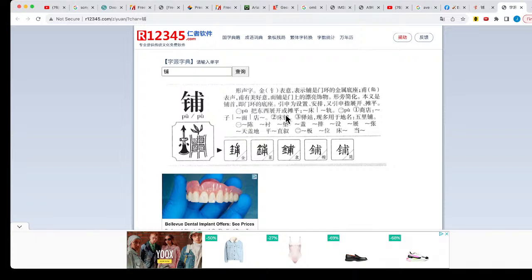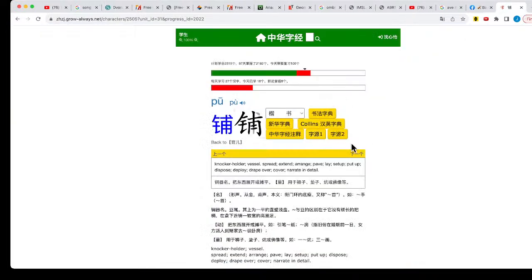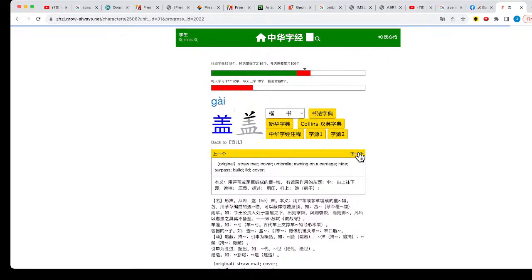The meaning was extended to mean set up, arrange, and later to mean apply things, 铺路, 铺东西. Okay, so next one, 盖. The original meaning of 盖 is a head covering, usually made out of straw in ancient times.